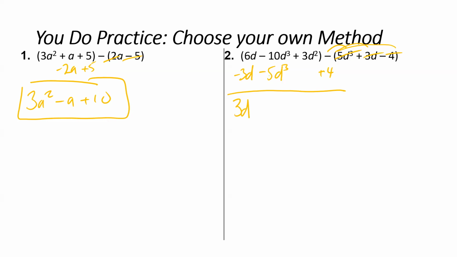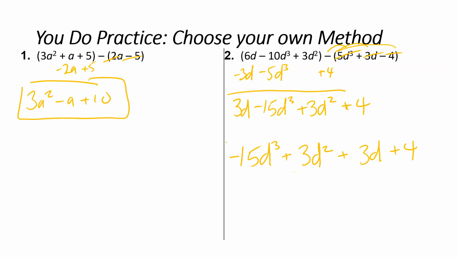Negative 10d cubed minus 5d cubed gives me negative 15d cubed. d squared had no friends. And plus 4 had no friends. Okay, so if we want to write it in the correct order, it'll be negative 15d cubed plus 3d squared plus 3d plus 4.